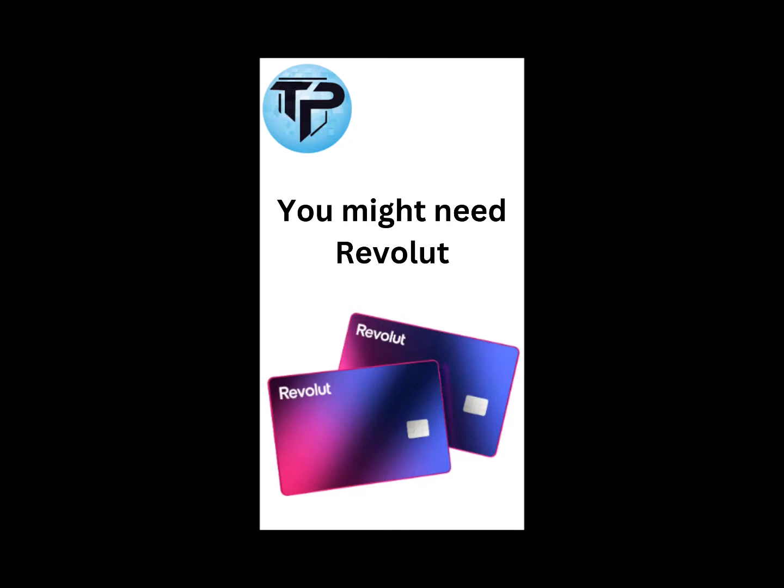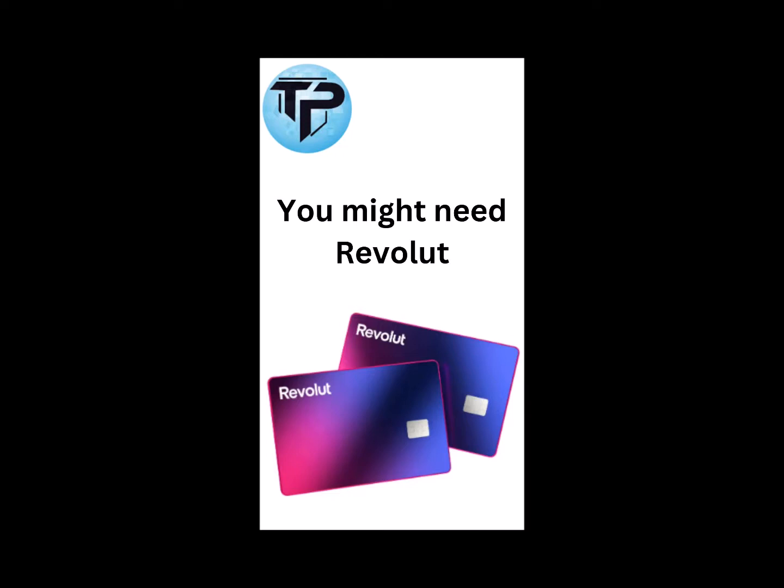So sometimes you might be better off with an online banking system such as Revolut. You can take out a free Revolut account, download an app onto your phone, or do it via your PC. And that way it can sometimes be a little bit easier using the online accounts to fund your crypto exchange and draw money out from the crypto exchange.